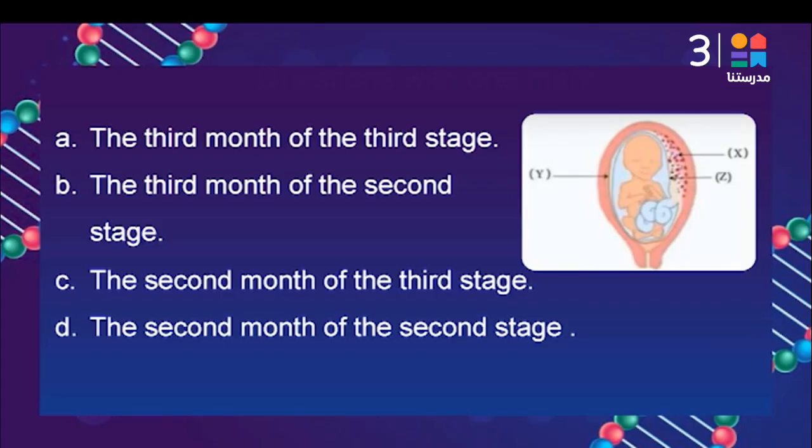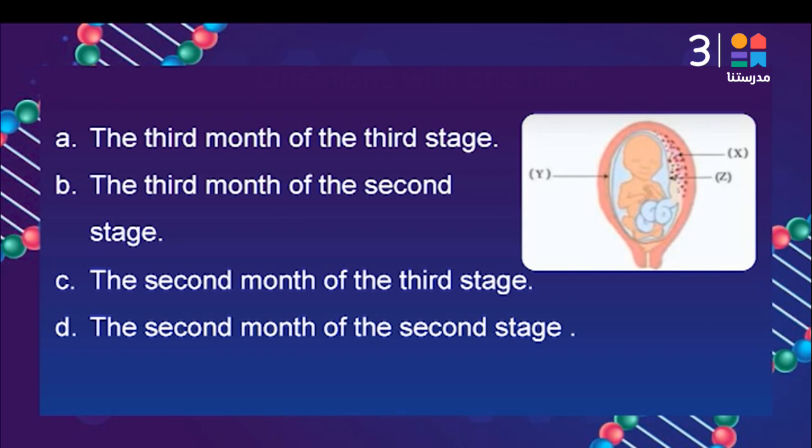The X separates from the uterine wall at the 3rd month of the 3rd stage. 3 times 3 is 9. Delivery? I don't know. Let's read. B, the 3rd month of the 2nd stage. 3 times 2, 6, is month number 6.